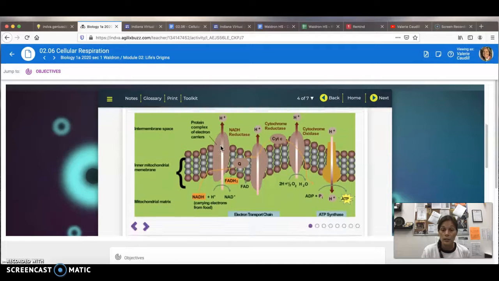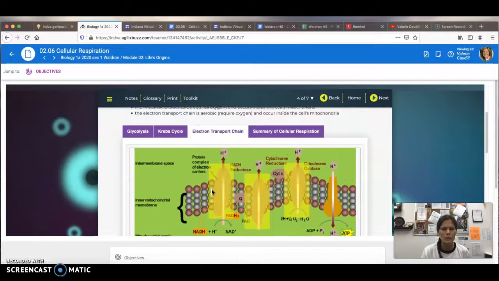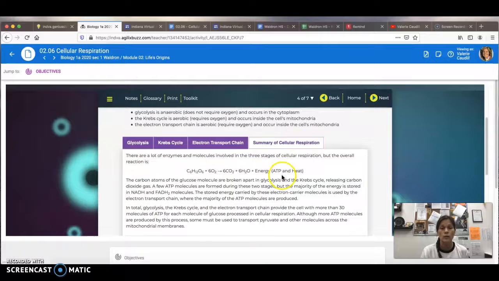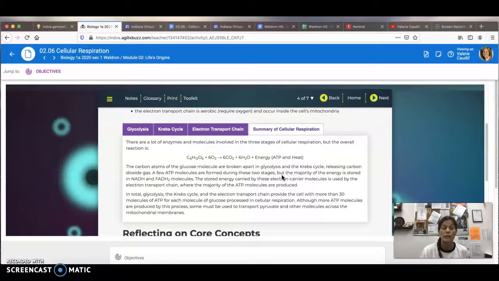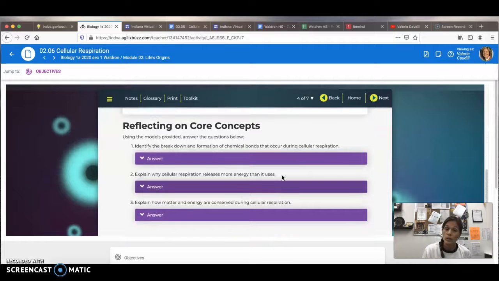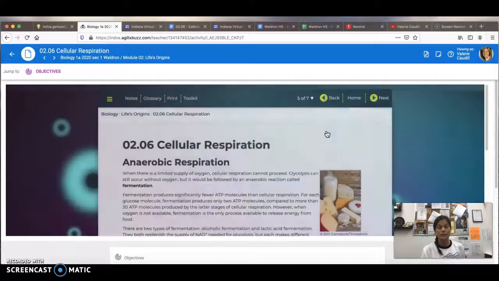Then the electron transport chain, and some arrows there as well to go through. You can see it can get a little bit complicated, so you want to make sure you take your time and document information well here. And then we get a summary, an overview. We have 3 reflecting on core concept questions here as well. And then we will go on to slide 5.